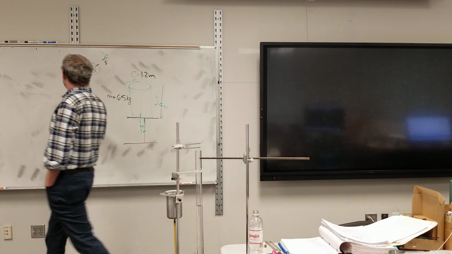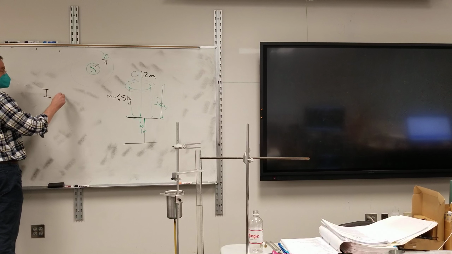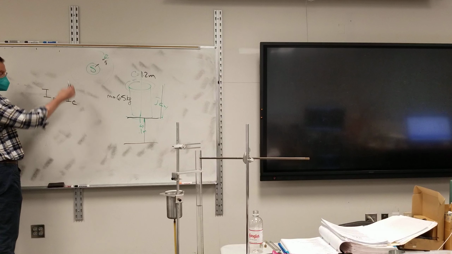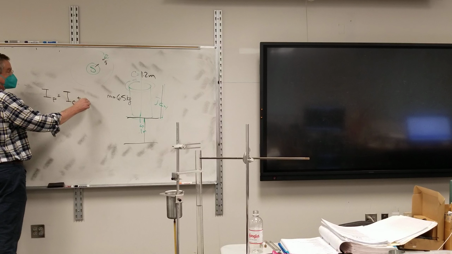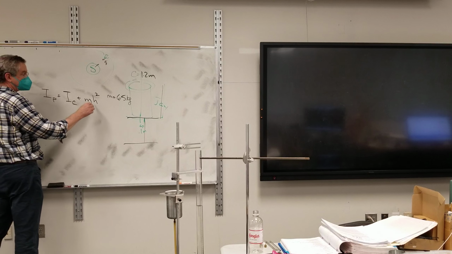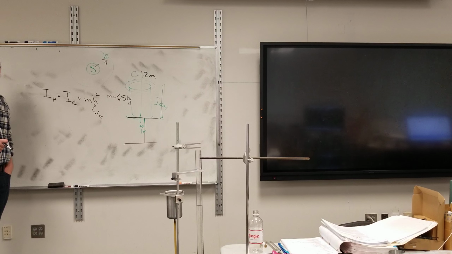Parallel axis theorem: the moment of inertia about some axis P is equal to the moment of inertia about its center of mass, or the axis going through its center of mass, plus m h squared, where h is how far you've moved the axis, which in our case is 0.1 meters. C represents center of mass.